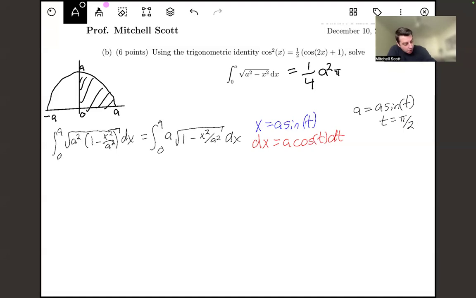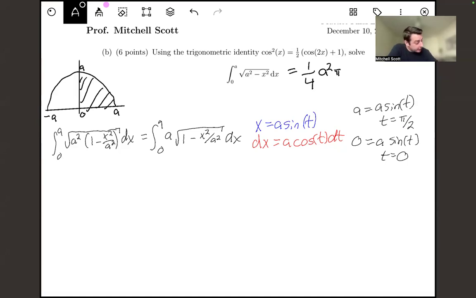And then now we have 0 equals a sine of t, and a is a positive number, so we can divide that. So we need sine of t to equal 0. And we know that if t equals 0, sine of t is going to equal 0.